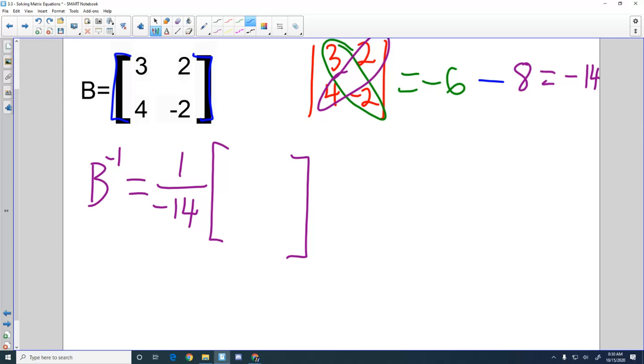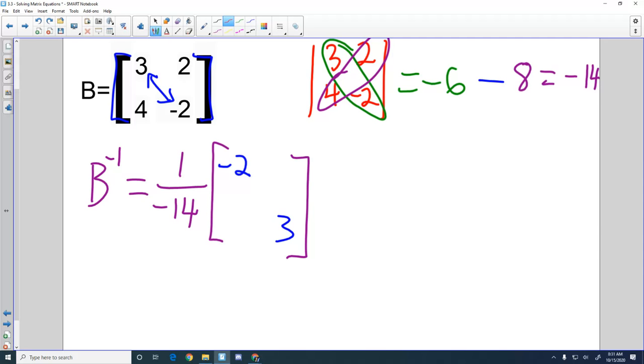First thing we're doing is switching the positions of the first element and the last element. Don't change their signs, just swap their positions. So -2 is now going to be up in that first spot. The 3 is going to be in that last position.